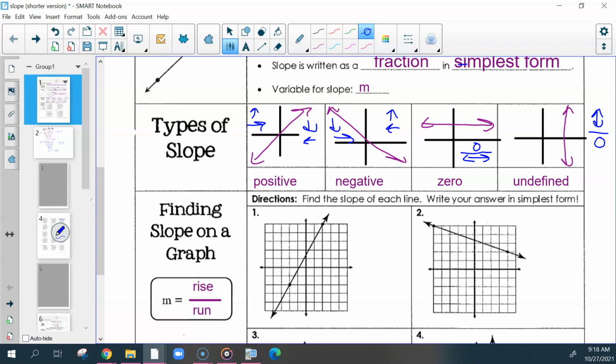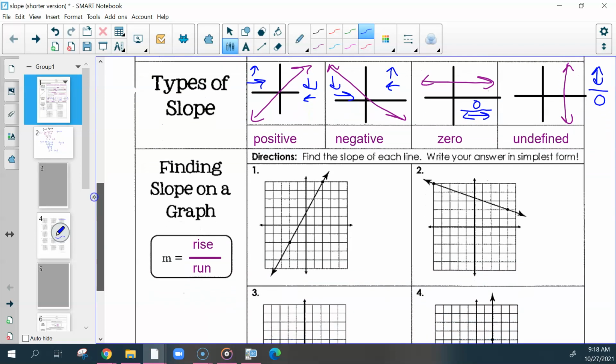What happens? It's not 0. You get an error. We cannot divide by 0, which is why this is undefined. Questions on your types of slope?